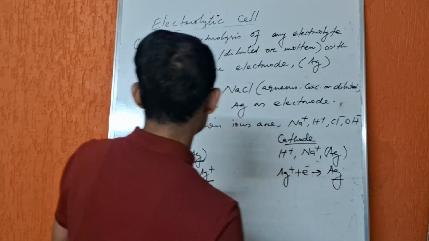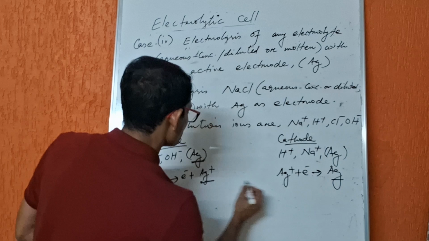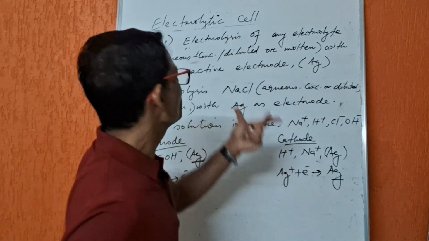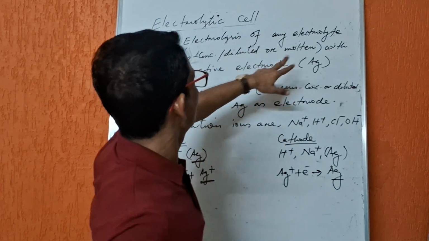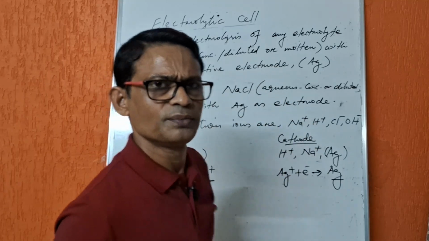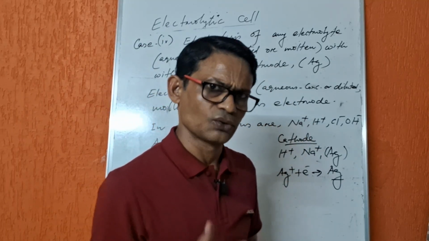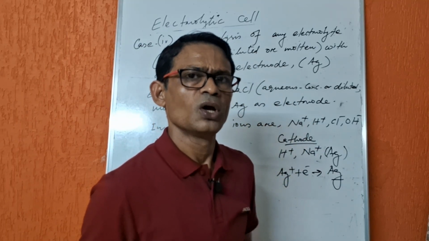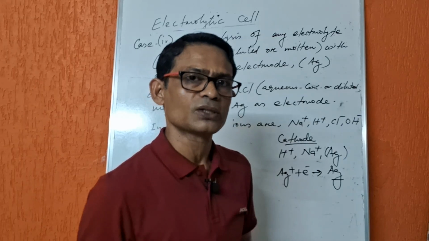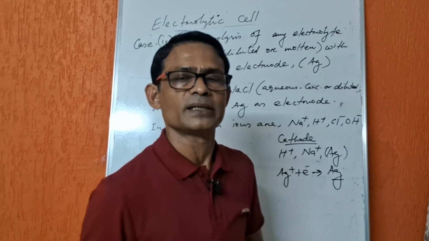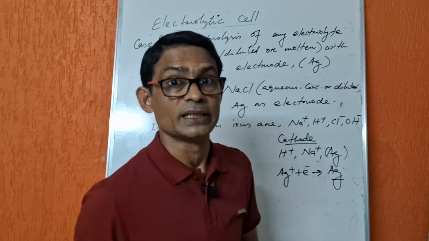That means we can say the overall reaction. This is the method: electrolysis of electrolytes with an active electrode is used for electroplating.